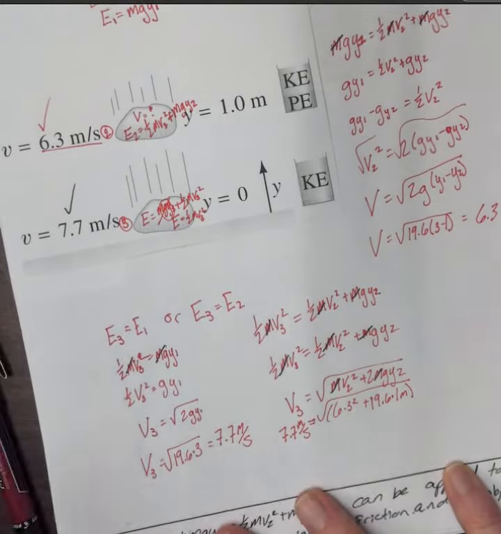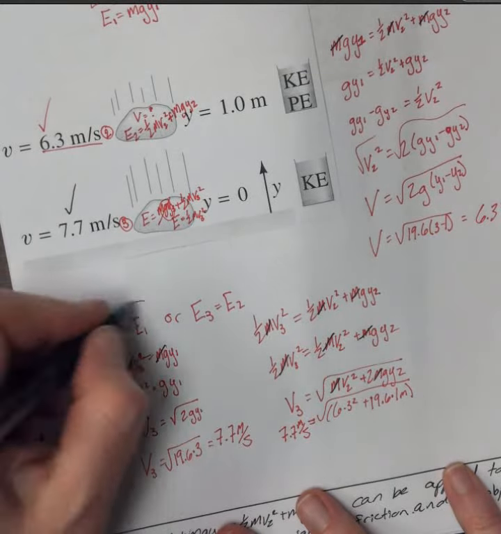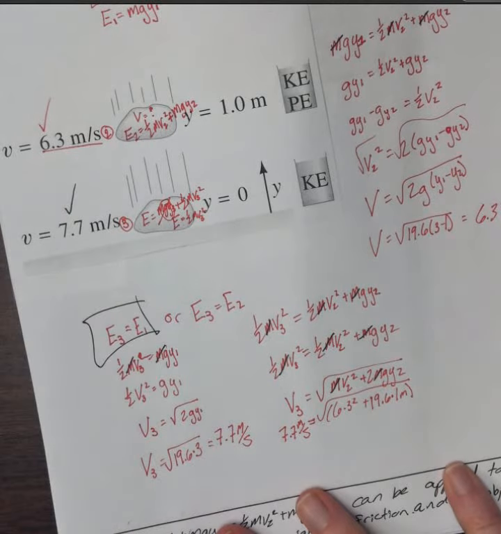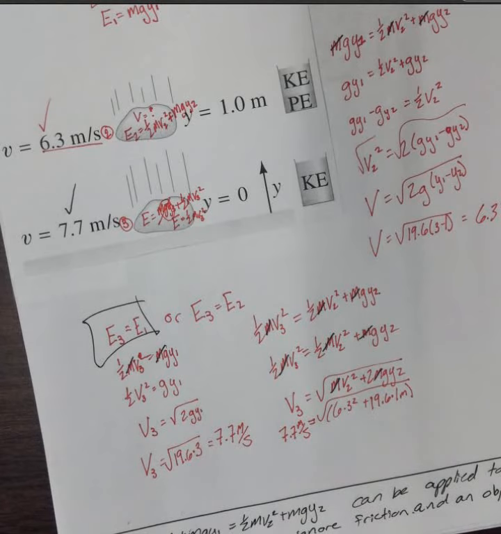Now, comparing these two, you can see that the calculations are a little bit more straightforward using this, but it's going to work either way, and so that's a really convenient thing for you to know. The velocity in a conserved energy problem that involves gravity is independent of mass. It's only dependent on the amount of potential energy that an object has.